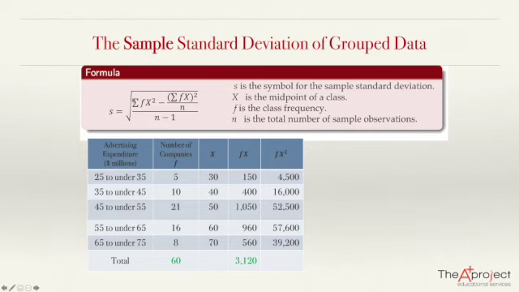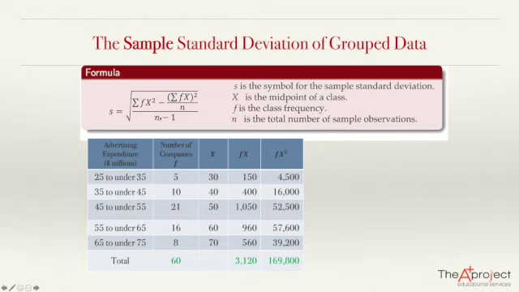The formula tells me, with this symbol, I need to sum these numbers. So 4,500 plus 16,000 plus 52,500 plus 57,600 plus 39,200, and I got 169,800. This is what I need to use in the table.